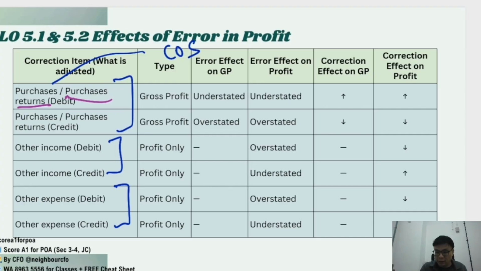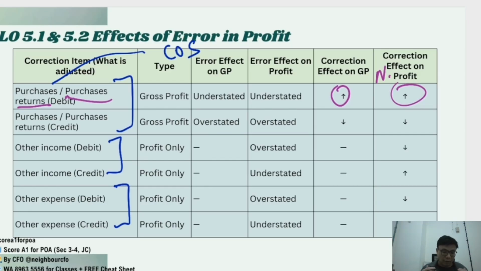But of course now in this context, by zooming into this particular table format. So for purchases or purchase return, when we do a debit, essentially what does that mean? That implies that the gross profit is understated for the GP and also likewise for the net profit. So after your adjustment in terms of debiting, you will realize that your GP will go up and your NP of course will go up.